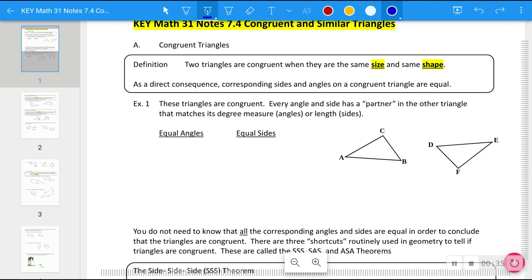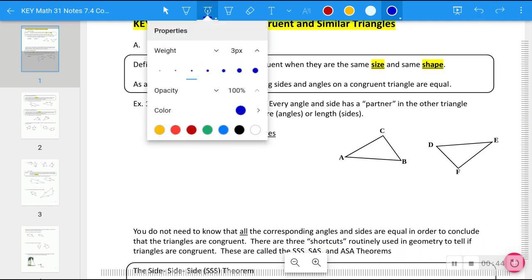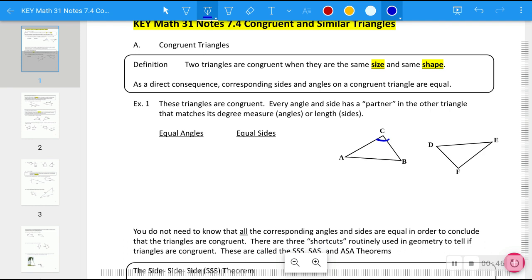Okay, first of all, we're going to look at the angles here, and you may notice that angle C up here is the same angle measure as angle F. They're roughly 90 degrees, and I've marked them as being congruent to each other.